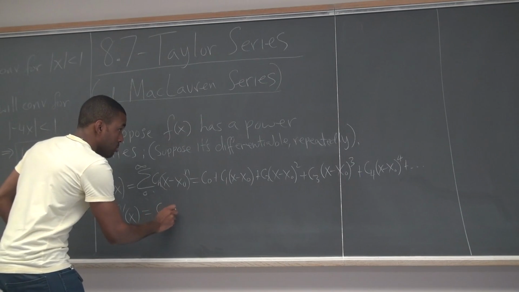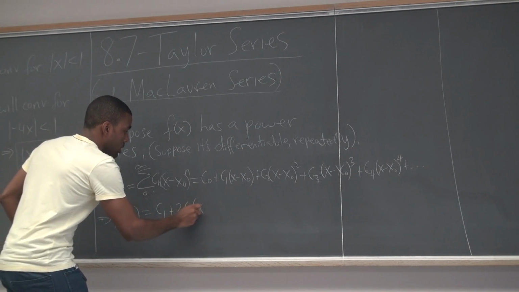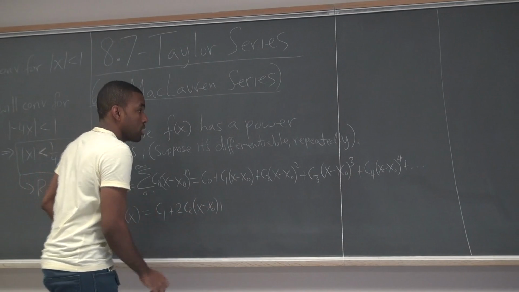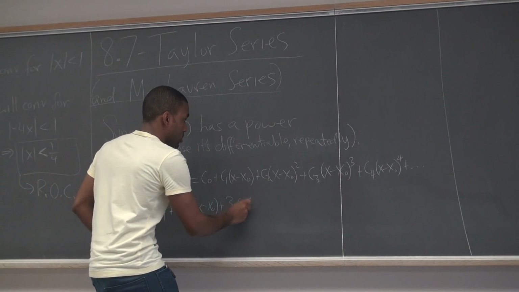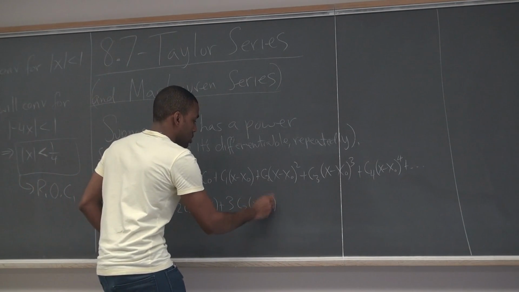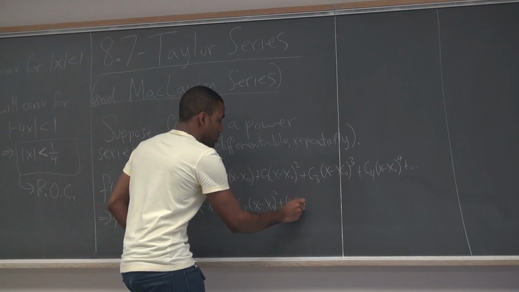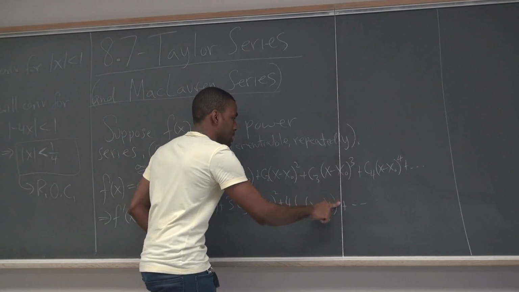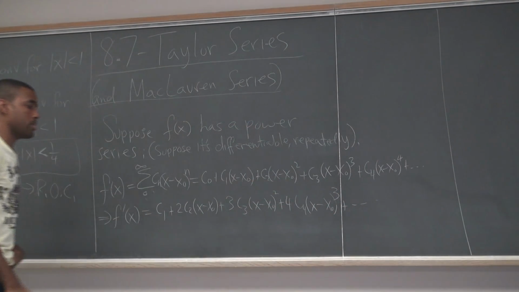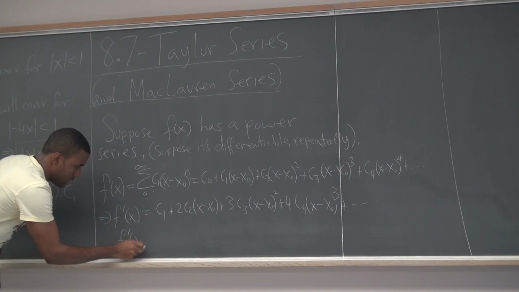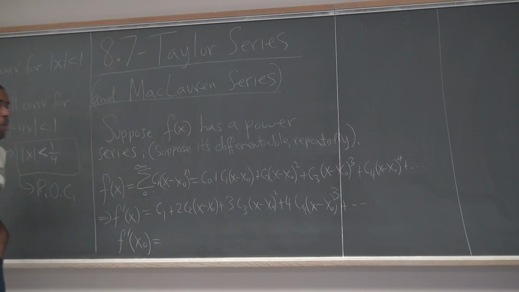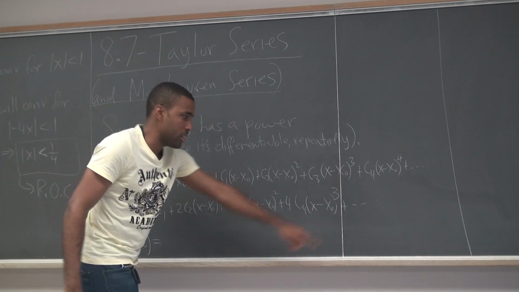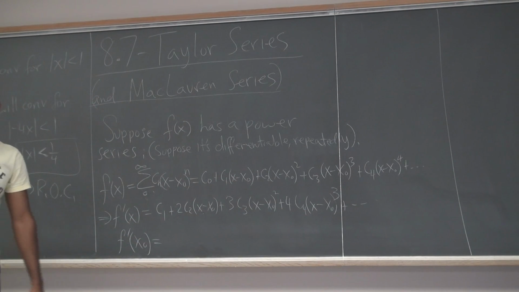I get C1 plus 2C2 (x minus x naught) plus 3C3 (x minus x naught) squared plus 4C4 (x minus x naught) cubed, etc. Now what if I evaluate f at x naught? It'll kill everybody except this guy.